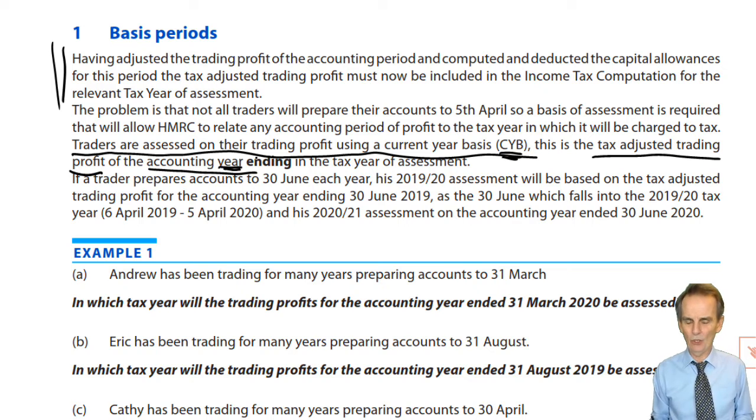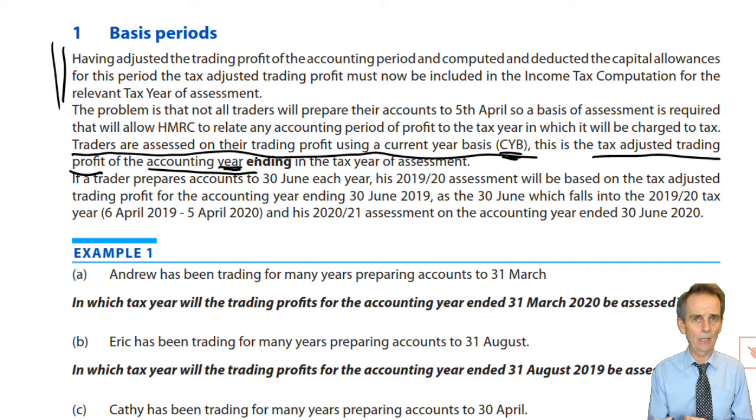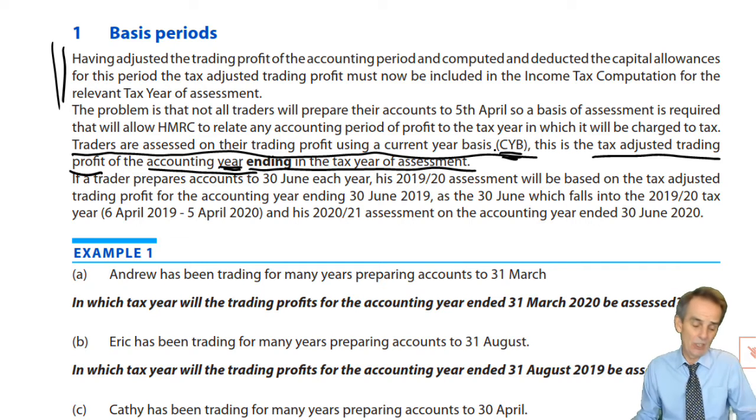And that's going to be an issue only when we have an accounting year, not any other length of period, but when we have an accounting year, are we able to use this current year basis? If we don't have an accounting year end within our tax year, that's what this bit goes on to say, ending in the tax year of assessment. If we don't have that, which is a situation often in opening years and in closing years, then there are special rules, special bases of assessment for dealing with those two scenarios.